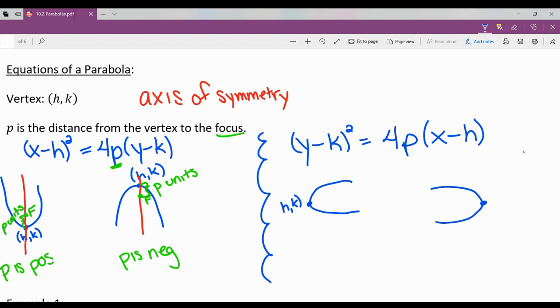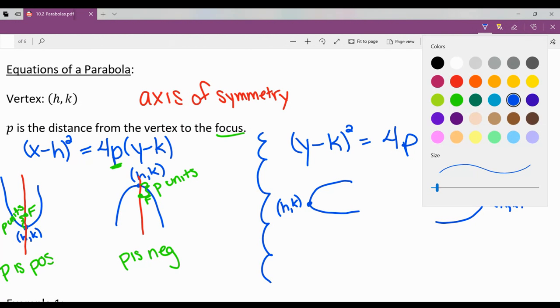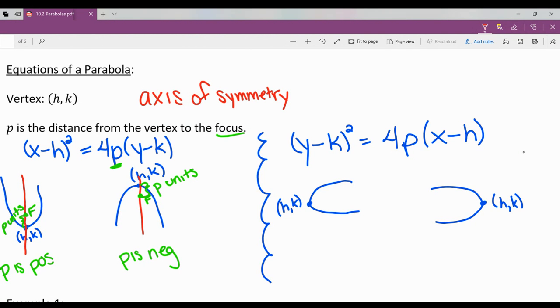So it's the same idea. My (h, k) is my vertex, and then my axis of symmetry is going to cut through the center of the parabola through my vertex.